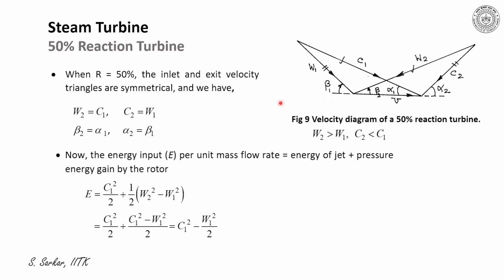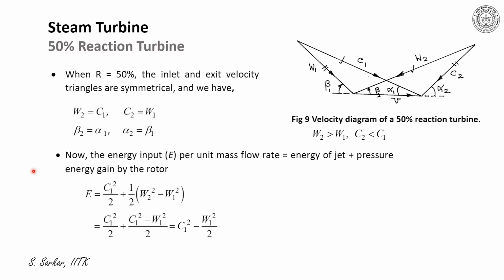After explaining the velocity triangle of a 50% reaction turbine, I can say now the energy input E per unit mass can be given by the energy absorbed plus pressure energy gained by the rotor.